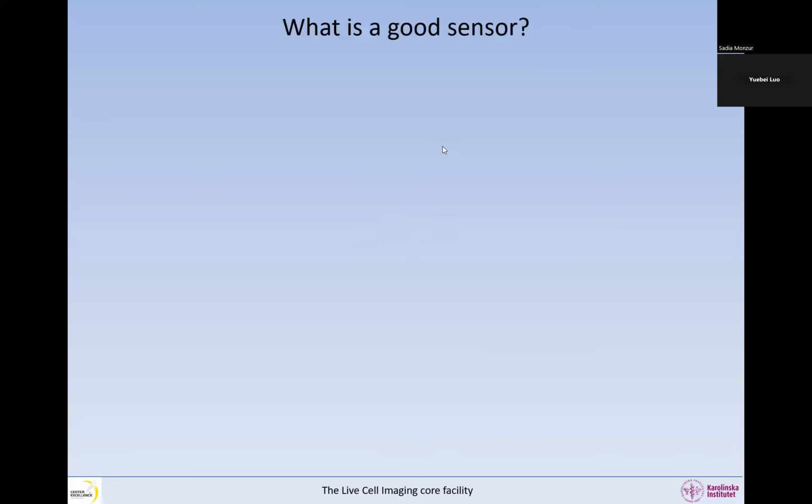So what is a good sensor? Say that we have a fluorophore, so some fluorophore that fluoresces. So a sample that fluoresces, and then the emitted light makes its way through the sensor. And so we have 3 photons that are coming here. And these 3 photons are going to be detected by the sensor, but maybe only, so when the photons come to the sensor, it could be that the sensor does not detect all the photons.